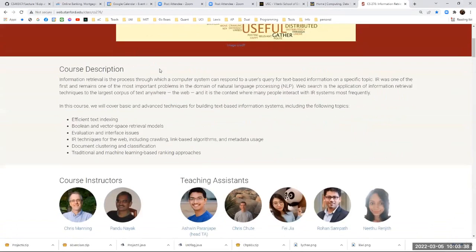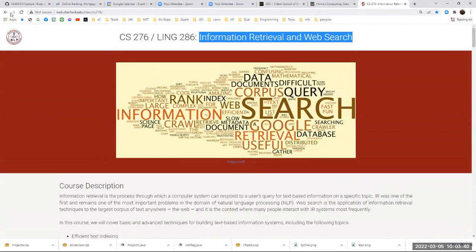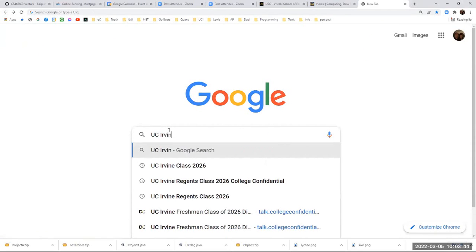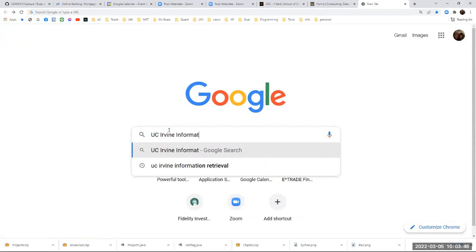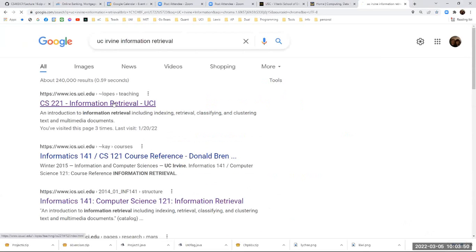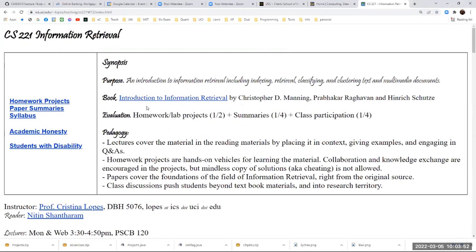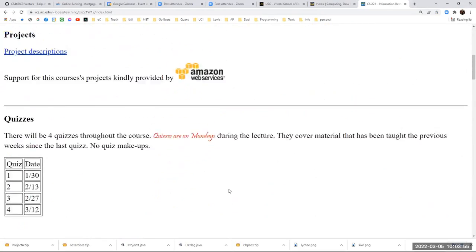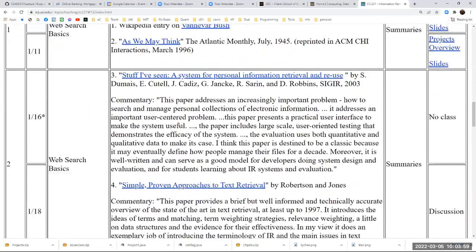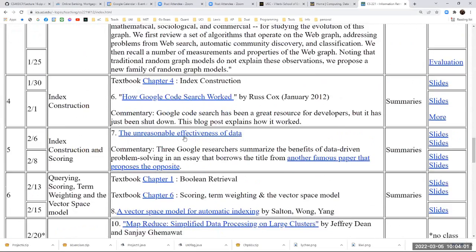So this is actually a course at Stanford. UC Irvine also has an information retrieval course. Anyway, information retrieval means searching the internet and digging out the data you need.